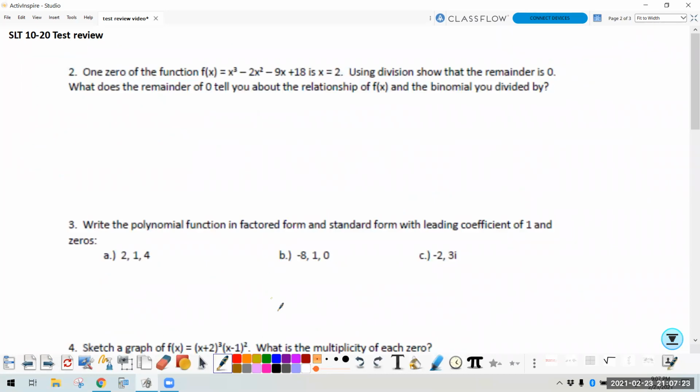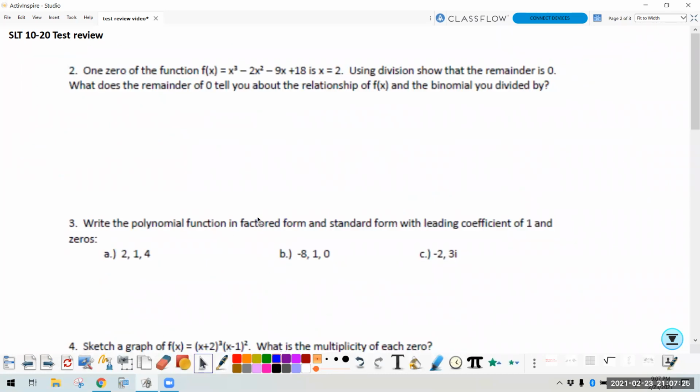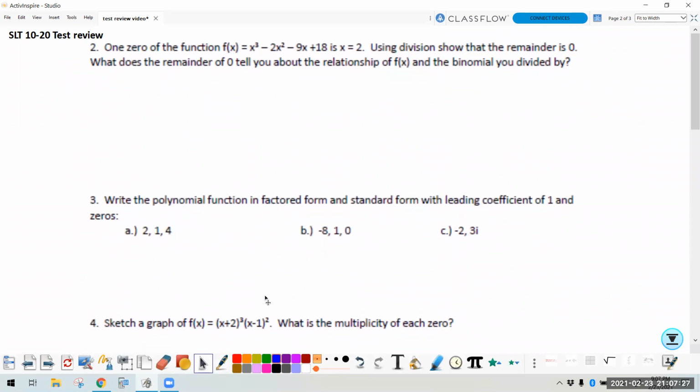All right, number 2. A zero of the function is x equals 2. Using division, show that the remainder is 0. Okay, so if x equals 2 is the solution, that means x minus 2 is what I will have to divide by.